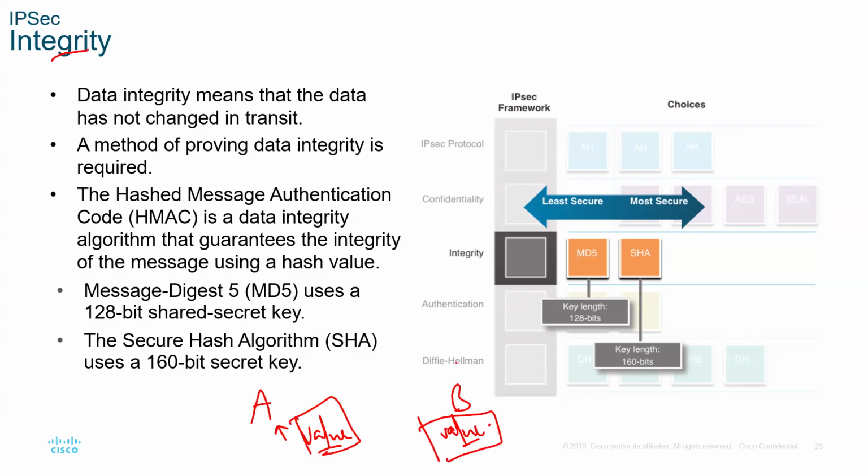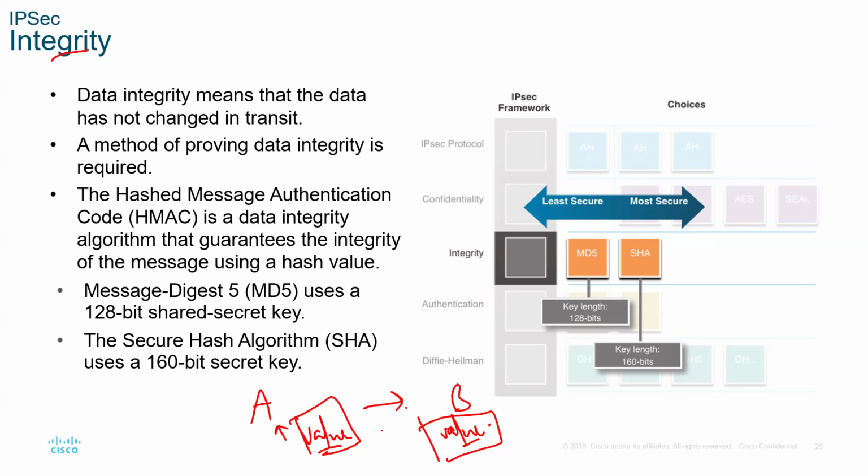If they differ, it means the message has been altered while being sent. I think we explained this a little bit with error detection at layer 2. FCS uses CRC. That's a form of hashing, so that you ensure the integrity of your message.